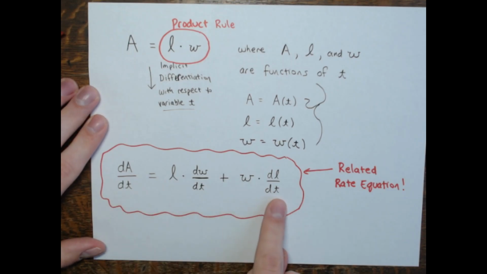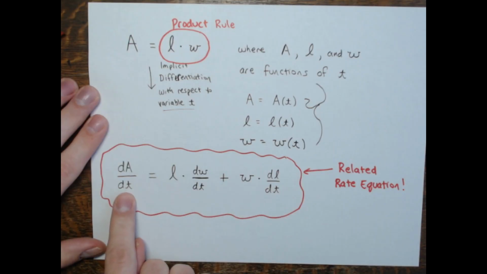So at any moment, at any value of t, you can think of these rates of change almost like a speed, how fast something's changing. The area changing over time is how I like to think about it.